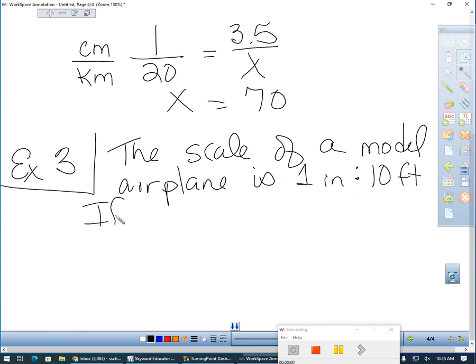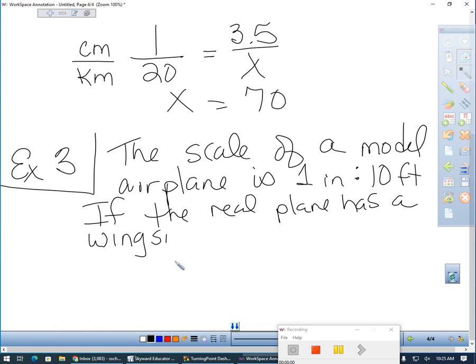If the real plane has a wingspan of, what do you think, 50 feet? Yeah. 50 feet. How big is the model?